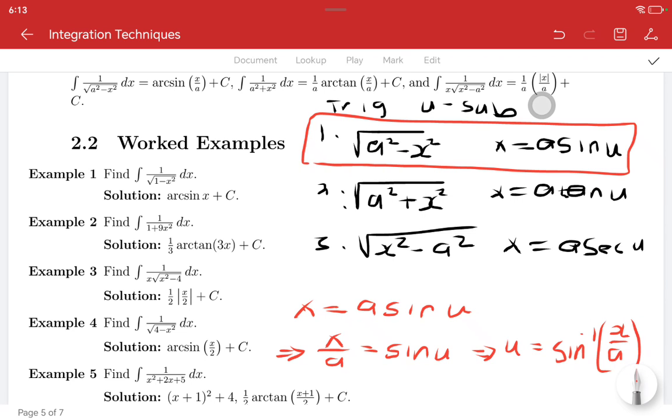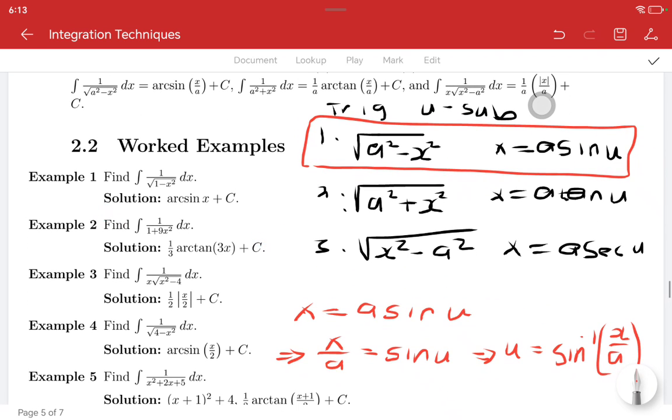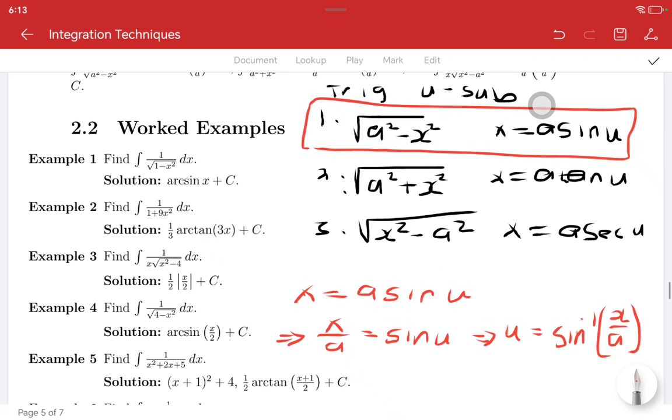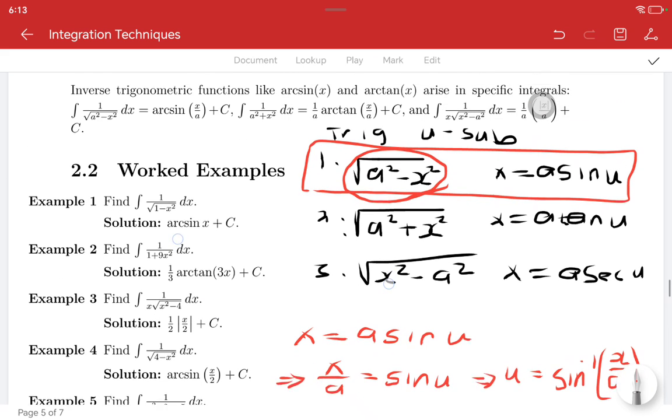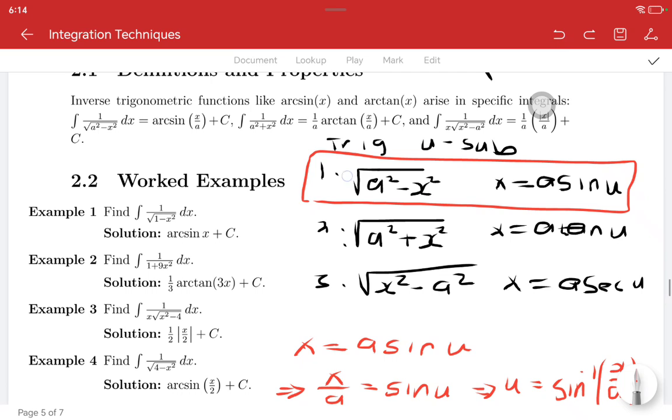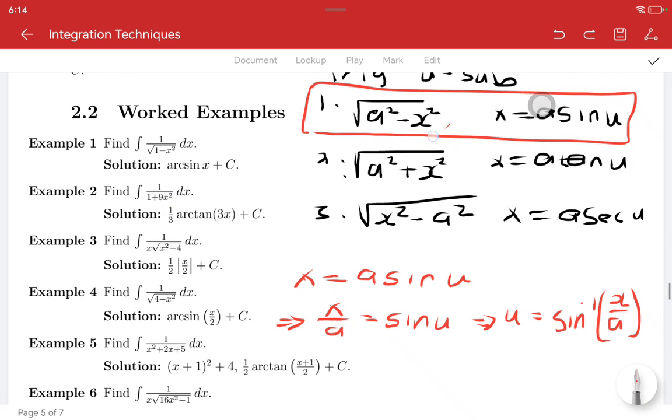Now if I take 1 over this, you see, right, 1 over this, and integrate it, I'm going to get the arc sine x over a plus a constant. So when we forget this property, we can use this so that you don't cram, right?